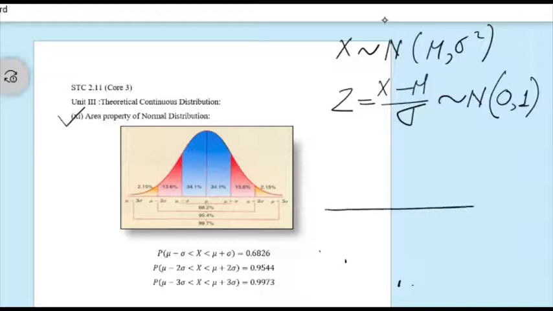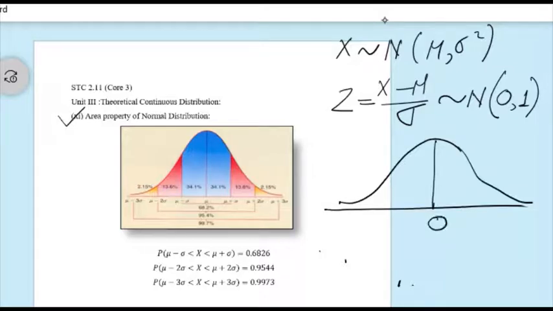Now in this case the values will be a little different. Same curve, but since the mean is 0, the middle point will be 0, and the distance from the mean to the left hand side and to the right hand side we can write as, previously it was mu plus sigma, so sigma is 1, so its value will be 1.